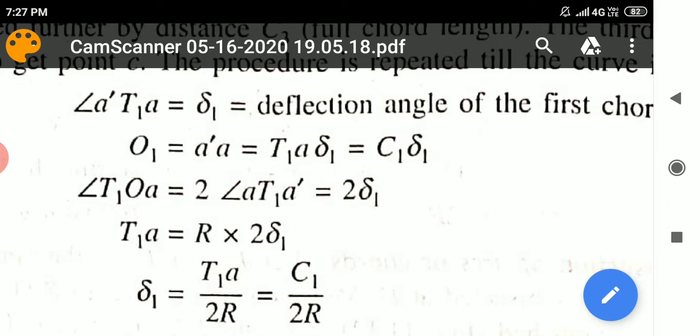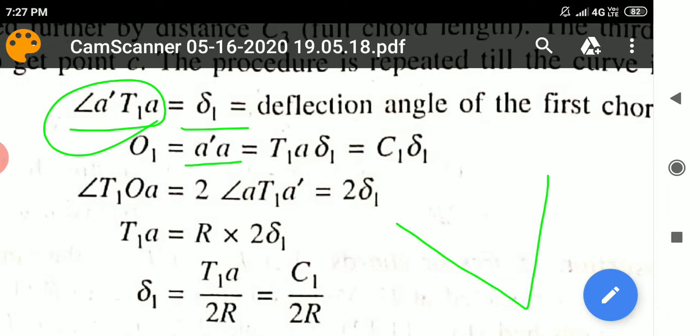The angle A dash T1A is nothing but delta 1. Please refer to the diagram. And O1 is A dash A.